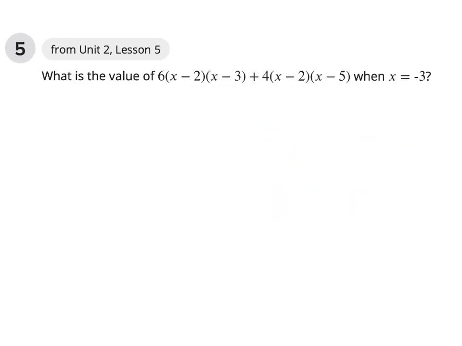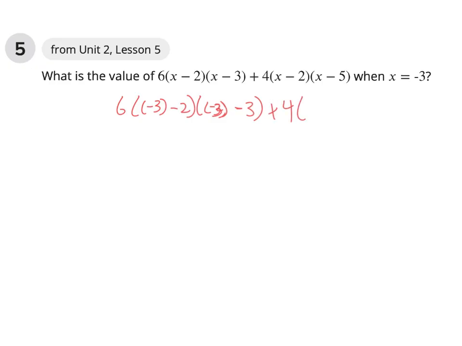Okay, looking at our next problem here. You're going to put this in a calculator. So what you're going to put in the calculator, just type it in just like this. And make sure you use the parentheses just like I use them. Sorry about that, I got overzealous with the parentheses.